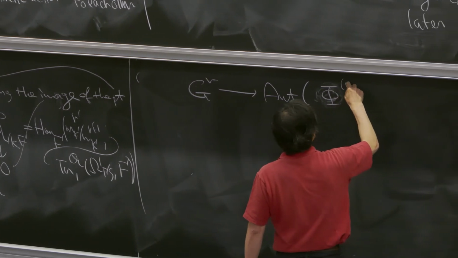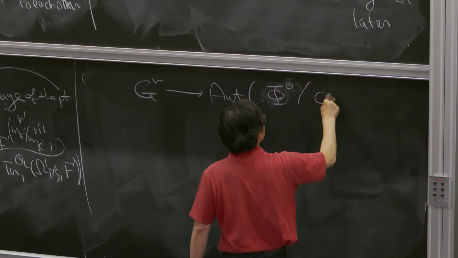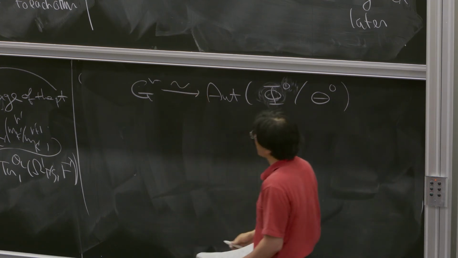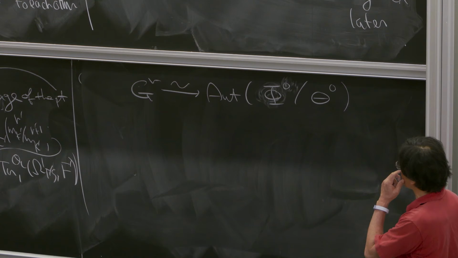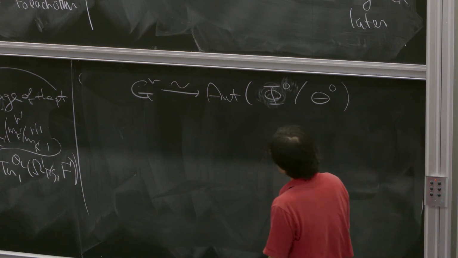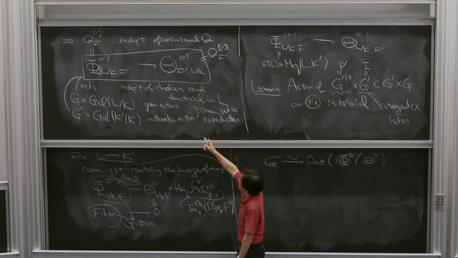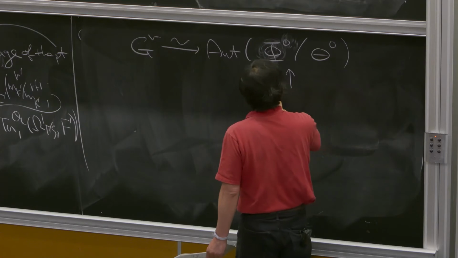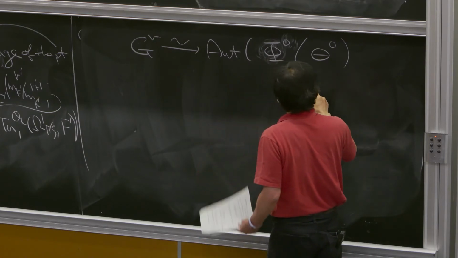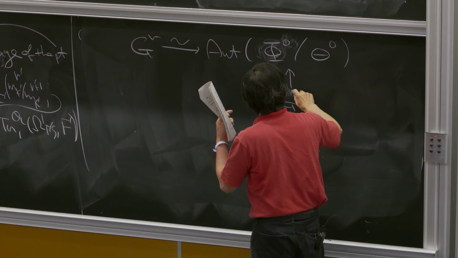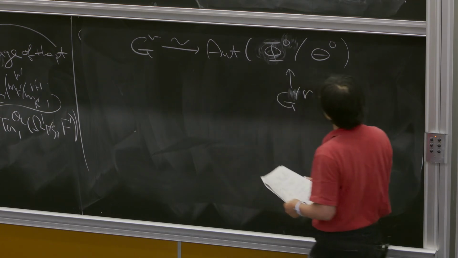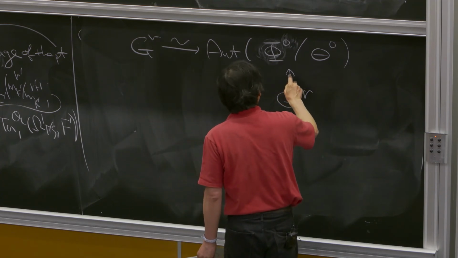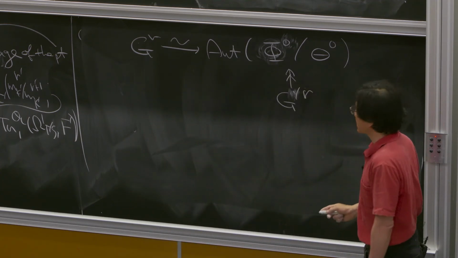So we have a finite étale Galois covering. So we have an action of the Galois group. So this comes from this geometric action. And also we have an arithmetic action. So we have a map from the arithmetic action. And in fact, this is also a surjection.